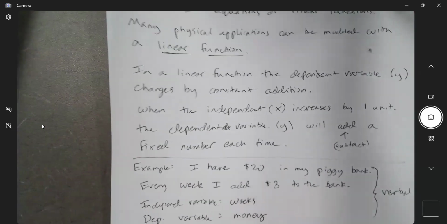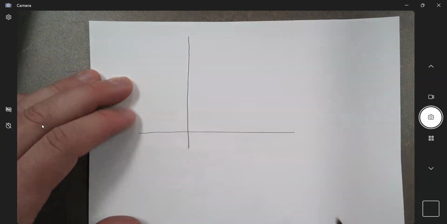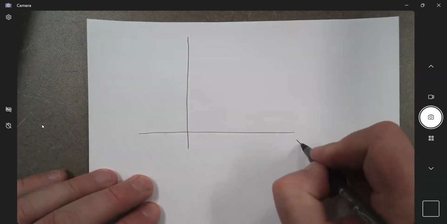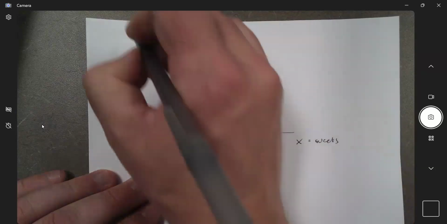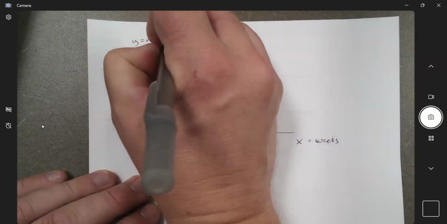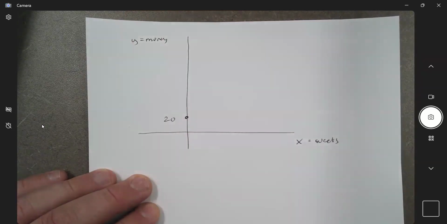All right, so let's look at the graphical representation. X is going to be, what was it, weeks? And Y is going to be money. I'm going to start with $20. The scale I put like this so we have some space.